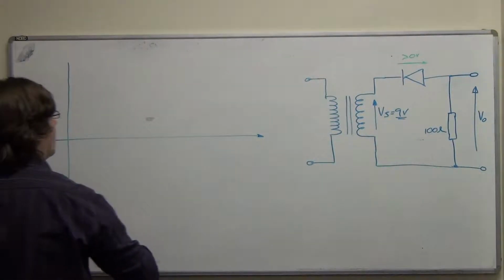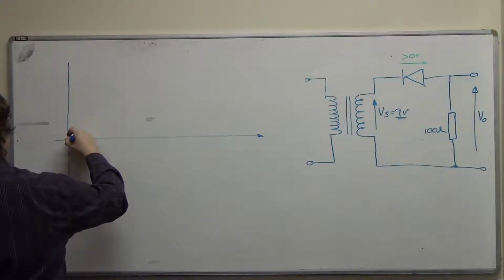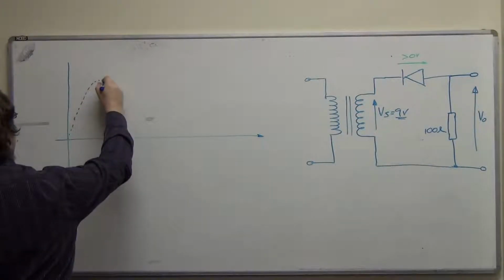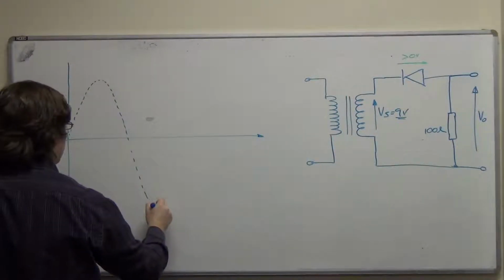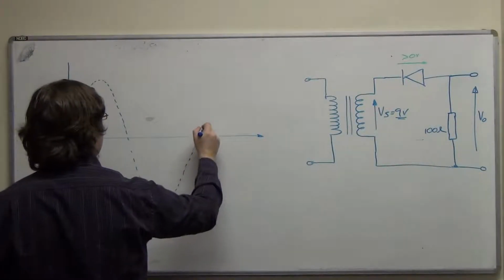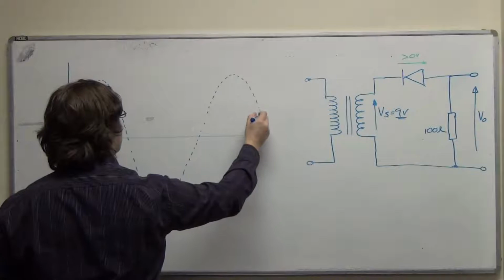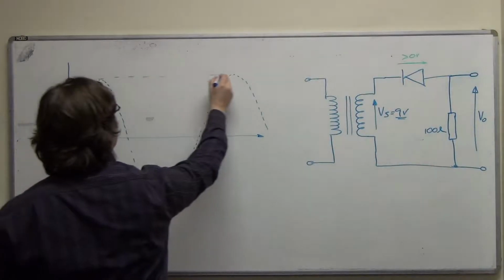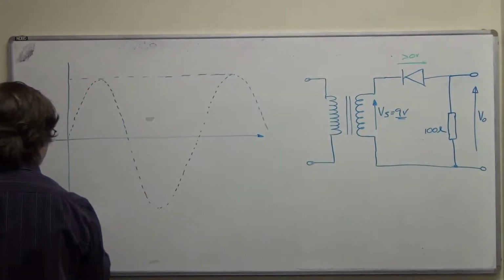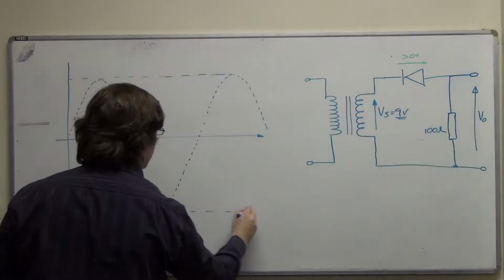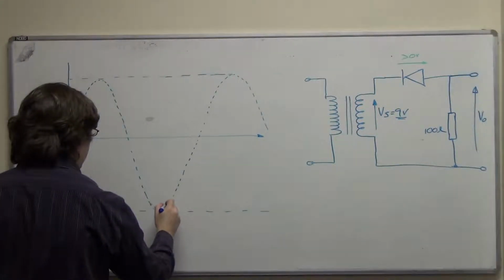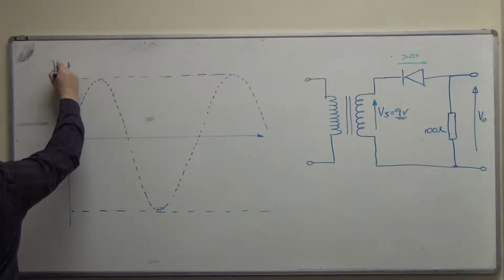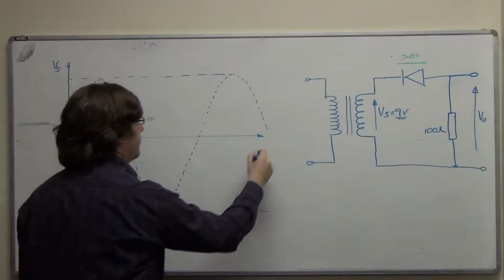The sine wave input will look, I should do it dashed, a bit like that, and there'll be some peak values, which I've got there, and we'll call this Vs, and this is time, obviously.